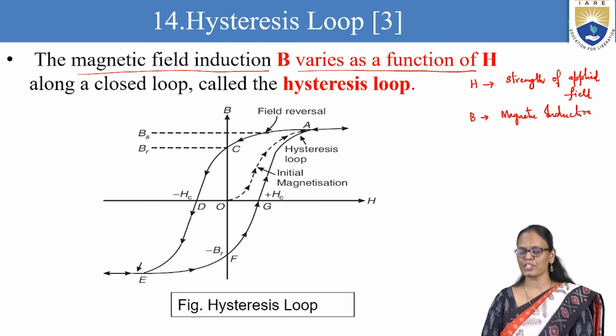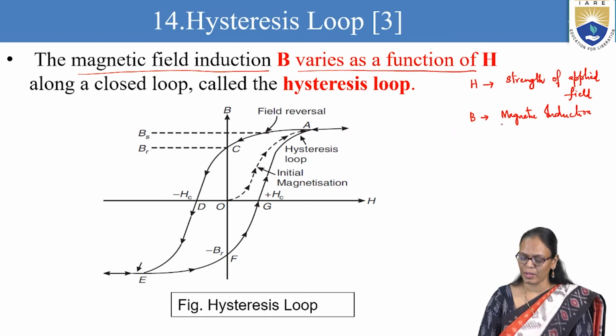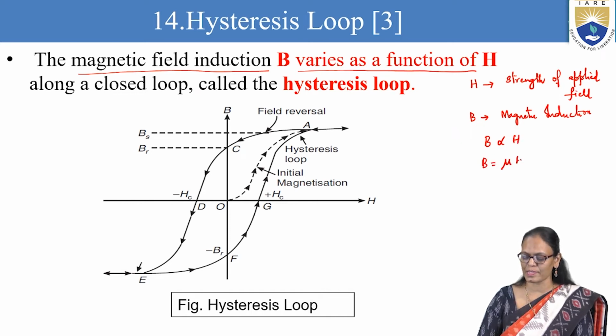Now we know the relationship between B and H: B is proportional to H, or B is equal to mu H. This shows that if the value of H varies, B also varies.